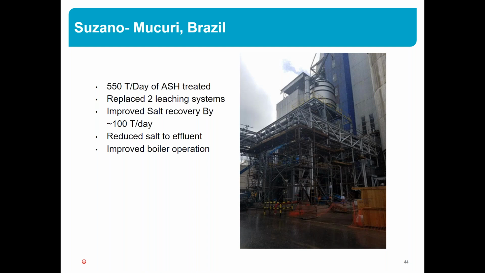It saves them a lot of sodium sulfate makeup, but also, by recovering the sodium carbonate, it saves them a lot of caustic makeup in the mill. So it's been a very successful project. And much better boiler operation also, because we're getting better removal of chlorides and potassium, because in both cases they're treating all of the precipitator ash that's available.